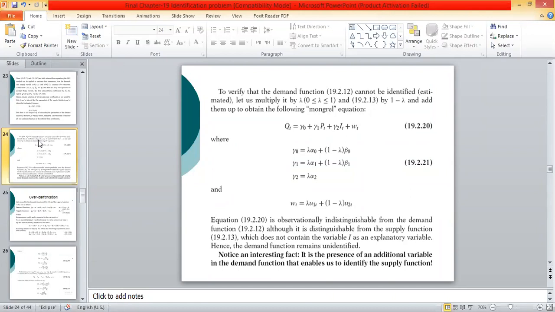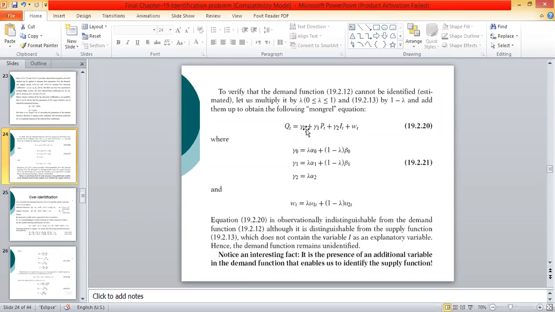After multiplying and manipulating these two equations and adding them, we have the bogus equation. So this is the bogus equation that we have derived from the demand equation and the supply equation.